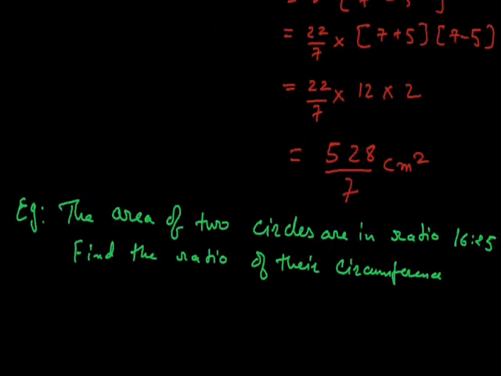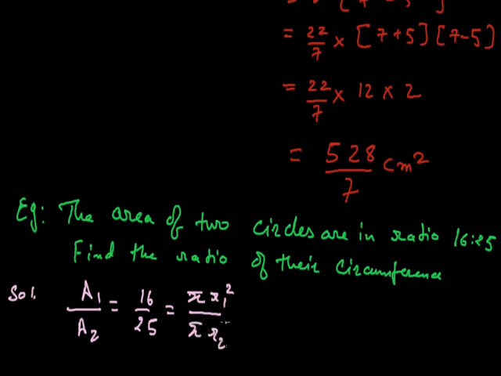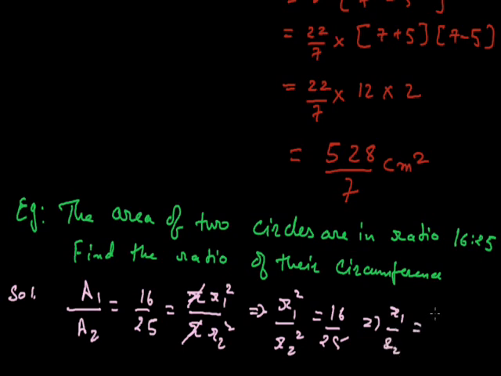So we know that the area of one circle upon the area of the other circle is equal to 16 upon 25. We can write it as pi r1 square upon pi r2 square is equal to 16 upon 25. Pi will get cancelled by pi, so r1 square upon r2 square is equal to 16 upon 25, which implies that r1 upon r2 is equal to 4 upon 5. We have taken the square root.